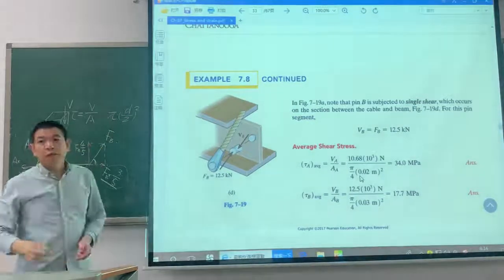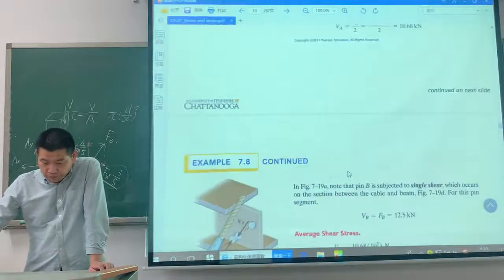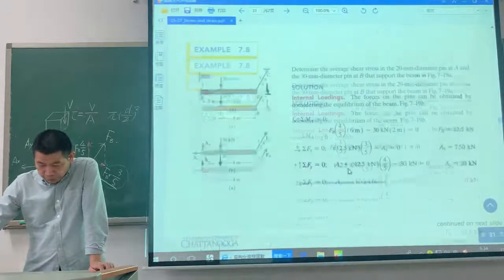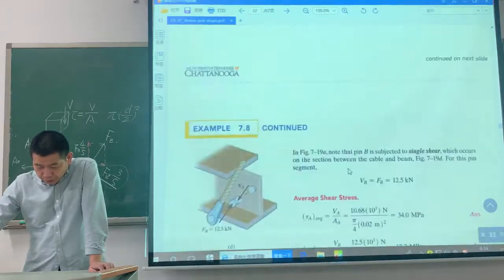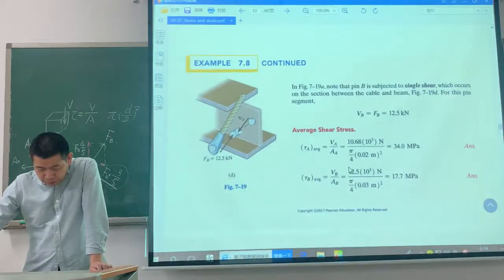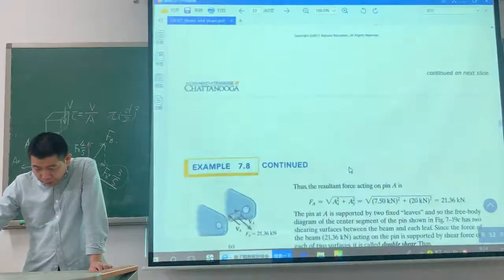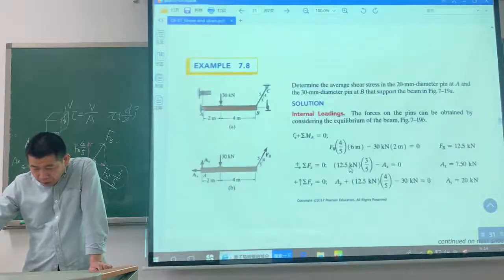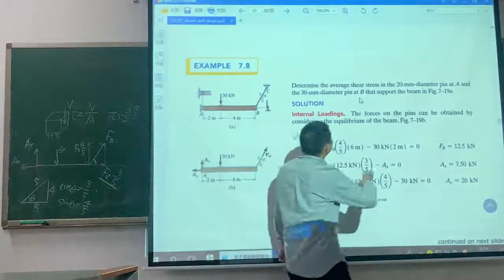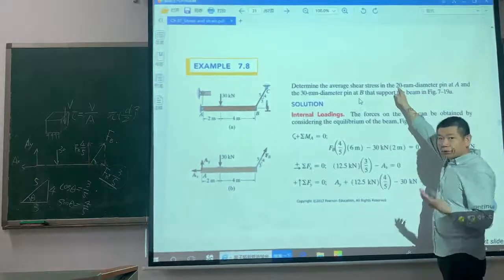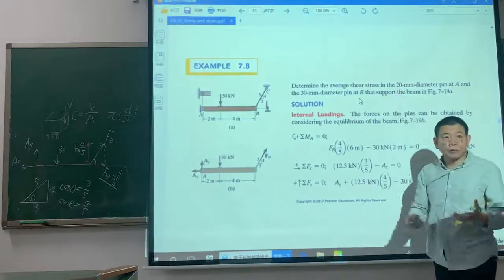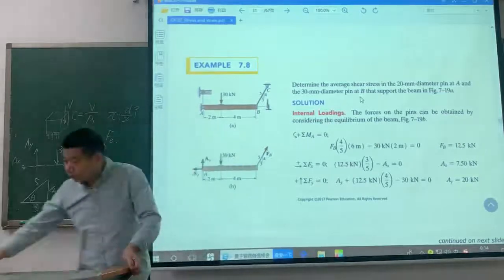It's not half d square. Because we know the diameter, at pin A, the diameter is 20, so the radius is 10.